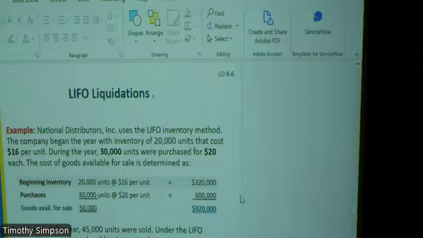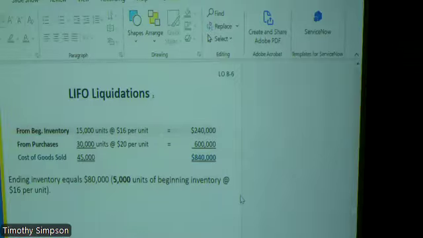Under the LIFO assumption, cost of goods sold is determined as what? Well, we sold 45,000 units. So it must have been 30,000 of the last purchase, plus we're going to cut into about 15,000 units from the beginning inventory. And I would assume we're using the perpetual system here, which would make a lot of sense. Here's the math.